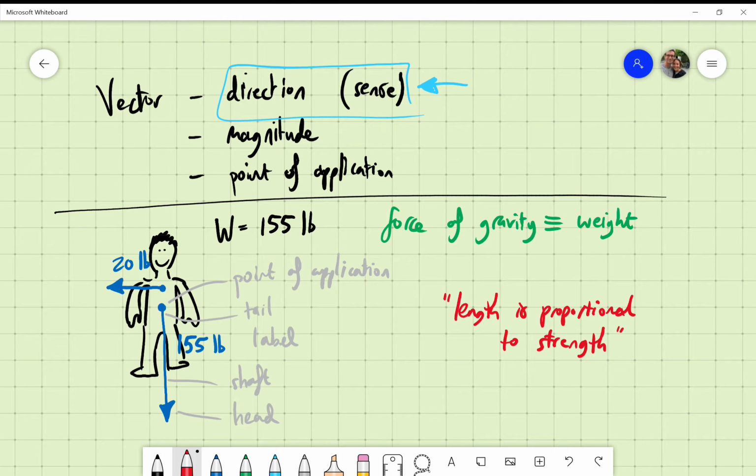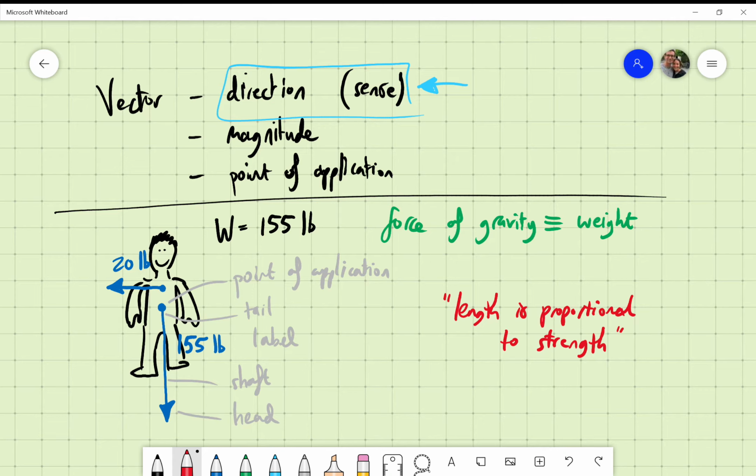He does not recommend that you try to make the length of the arrows proportional to their strength. Now, you know what proportional means, right? That if you want to show something that is twice as strong as something else, like twice as much force, you would show the length of the arrow as being twice as long. If you can do it, you should do it.